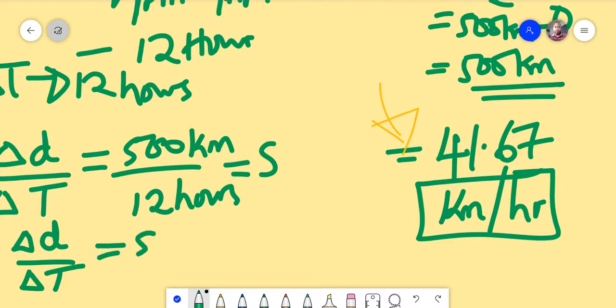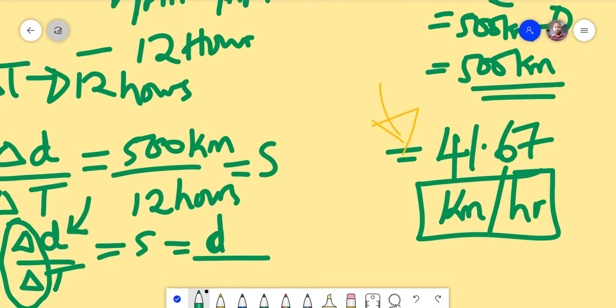Now in calculus, we don't write these deltas. What we usually do is represent these things with a small d, and because this is distance, we shall represent distance with y, and time we shall represent with x, because usually we use x and y variables as quantities.